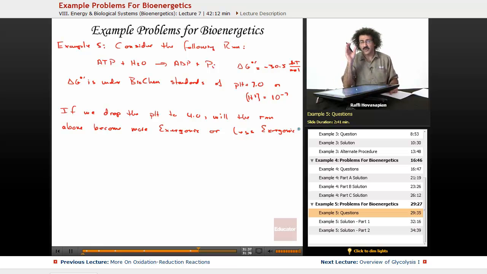In other words, is there going to be more free energy available to do work, or less free energy able to do work? Is this going to get more negative, or is it going to get positive?